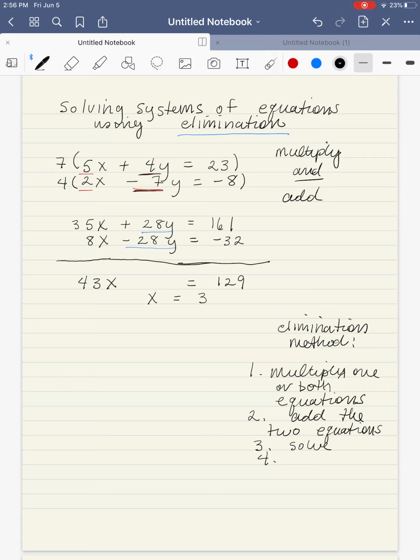What we can do is back substitute into one of the equations, and we can use either equation, just whichever one looks easier. I'm just going to choose the first one. So if I have the equation 5x plus 4y equals 23, and I'm putting the 3 in for the x, and I am solving for y now.